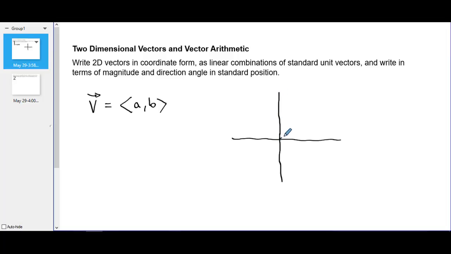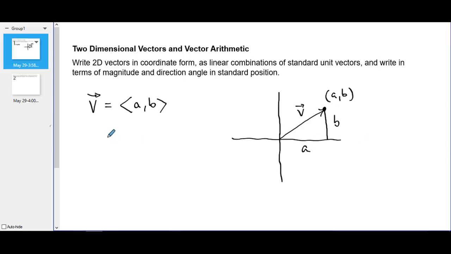I'll start this one with A and B both positive. So there's a point with parentheses. You see I use parentheses for the point in two-dimensional space. And then since I'm talking about vectors, I have that arrow, so it has some magnitude and direction, this vector V with these components A and B.